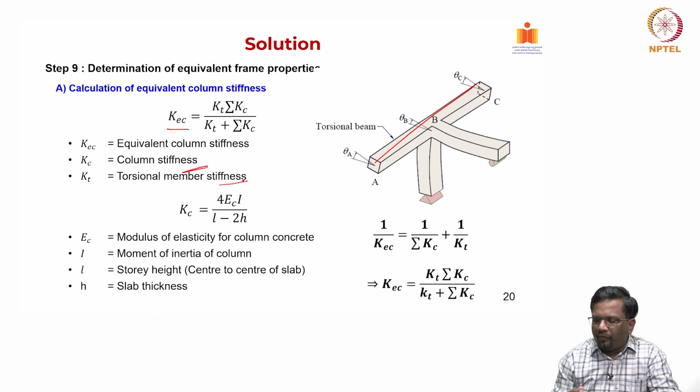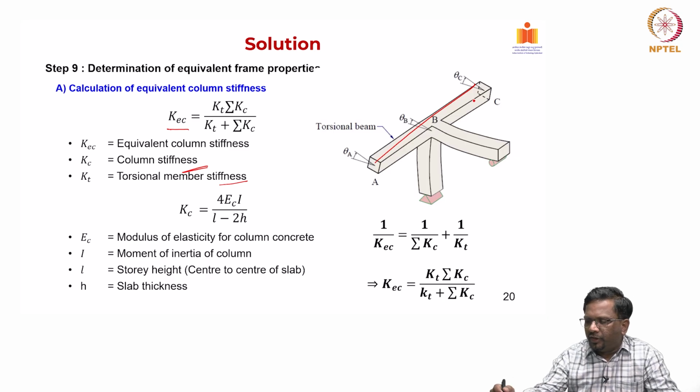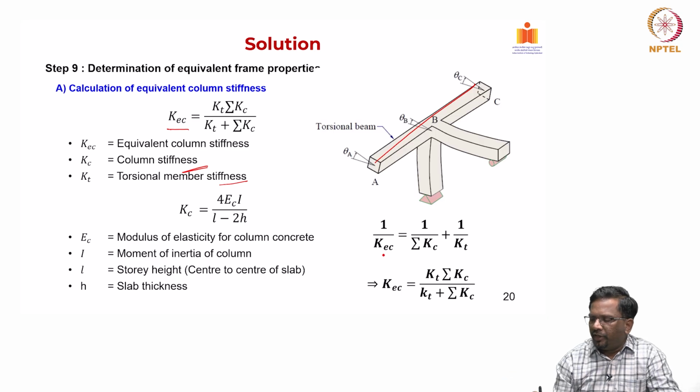Now, we have done this from the flexibility analysis point of view. Because we have seen that the rotation at joint theta B will be lesser compared to theta A and theta C, we are going to take an average of the stiffness. So, the equivalent column stiffness will be 1 by summation of Kc plus 1 by Kt.